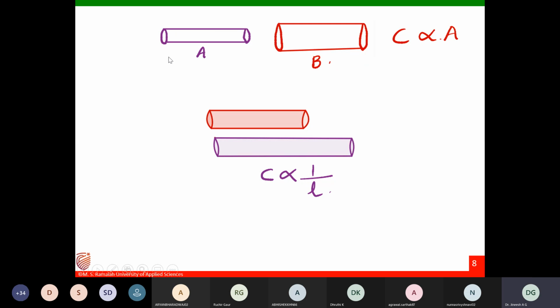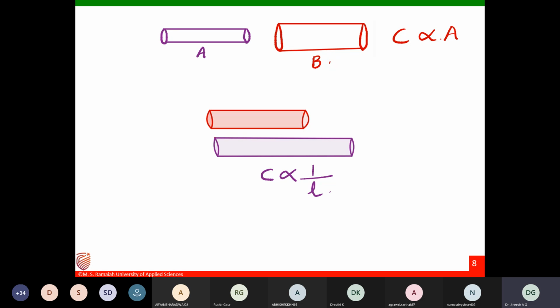There are two cylindrical pipes, A and B. Both have the same length, but different cross-sectional areas. B has the more cross-sectional area compared to A. Now I am asking you a question.